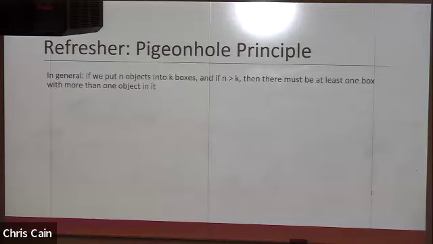If we have more items than boxes, then we know that there is at least one box with more than one object in it. 3 boxes, 4 objects. In order to put those 4 objects in boxes, there has to be a box with at least 2 items in it. There's no way to disperse 4 items into 3 boxes such that there are 1 or fewer objects in the box with the most stuff in it. In fact, we can say that one box contains at least the ceiling of n over k objects.